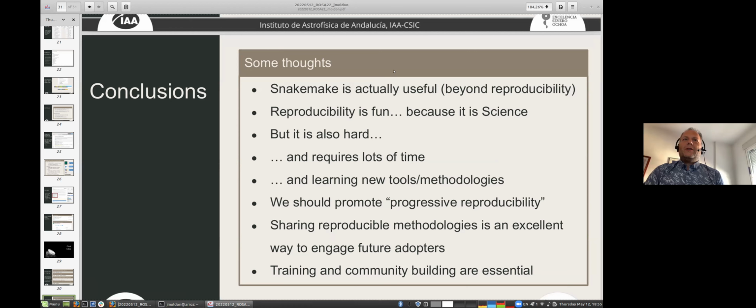Any more questions? If not, I'll make my own. So why go with SnakeMake versus make? Is it because of the graphical visualizations, additional tools, or are they more readable? What's the reason for that? I think it's not for the graphical thing.